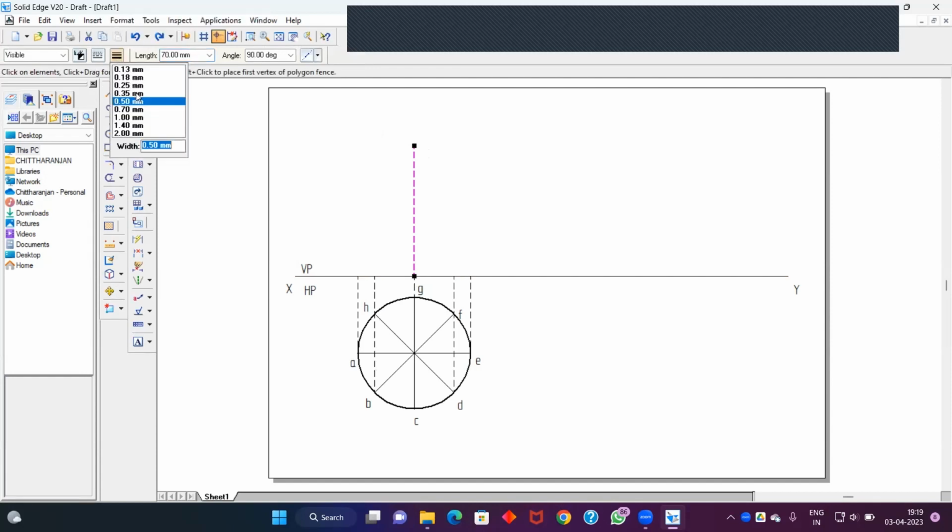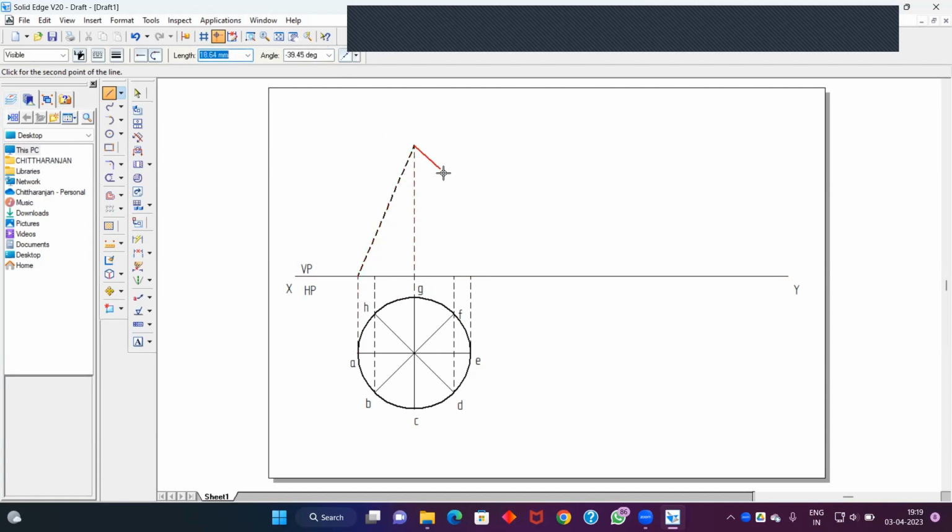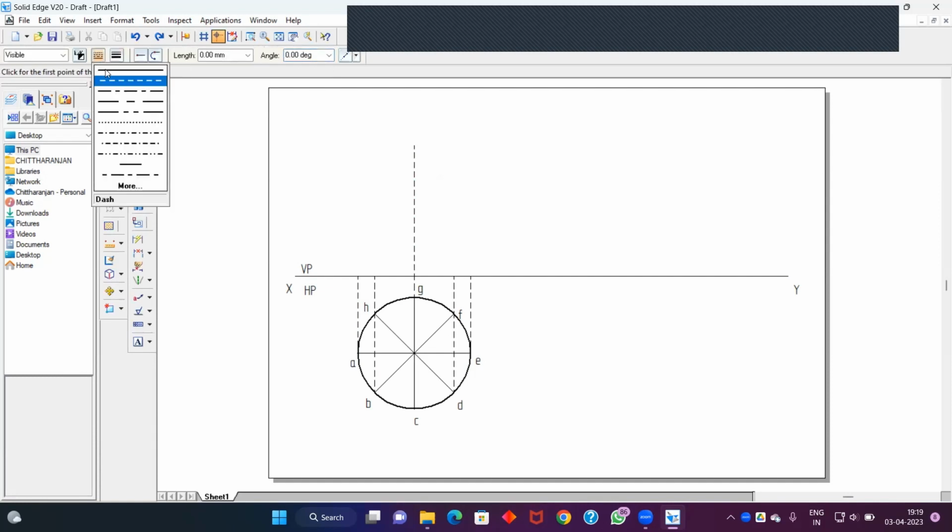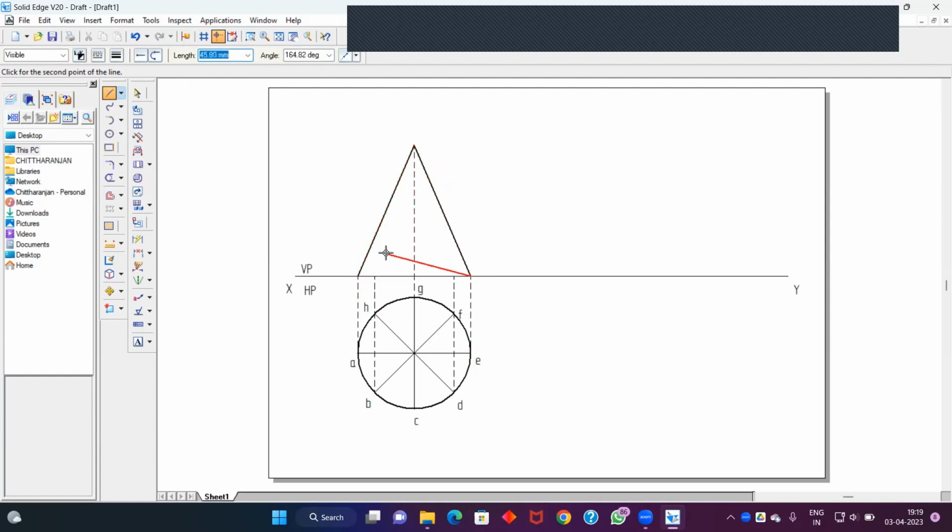Then join the lines with a continuous line of 0.50 thickness. Now again a dotted line with 0.25 mm thickness.